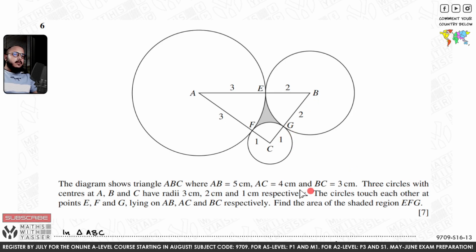Three circles with centers A, B, and C have the radius 3, 2, and 1 respectively. The circles touch each other at points E, F, and G lying on AB, AC, and BC respectively. We need to find the area of the shaded region EFG.